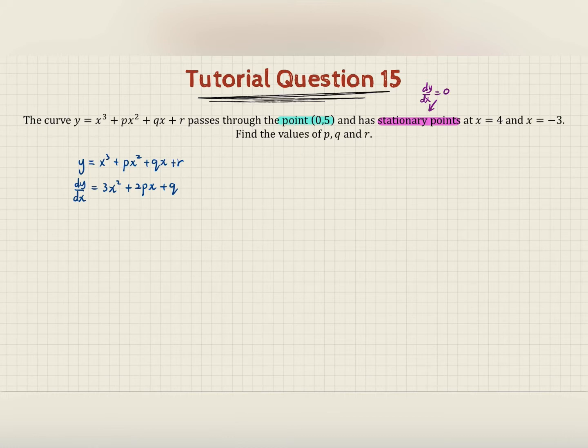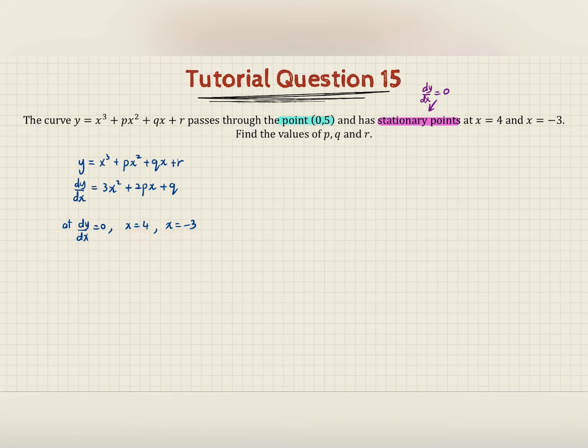So, kita akan cakap at dy over dx equals to 0, kita ada dua value, which is x equals to 4 and x equals to negative 3. So, apa maksudnya? Kat sini, kita boleh masukkan value of, so macam mana kita dapat jawapan kepada 4 dan negatif 3 ni?